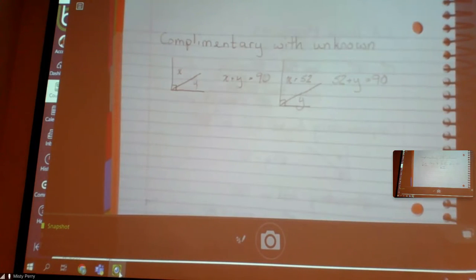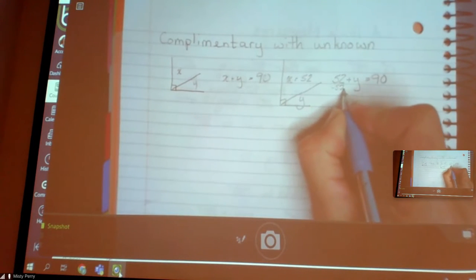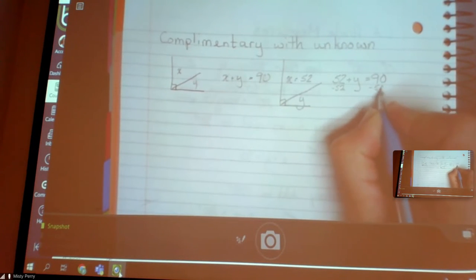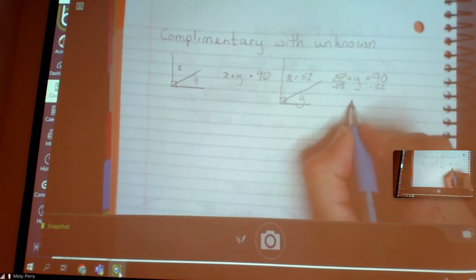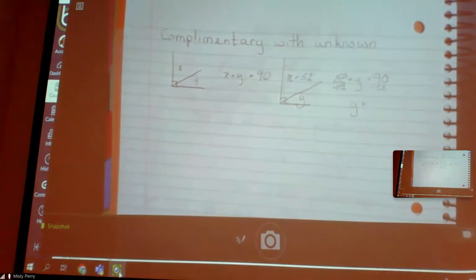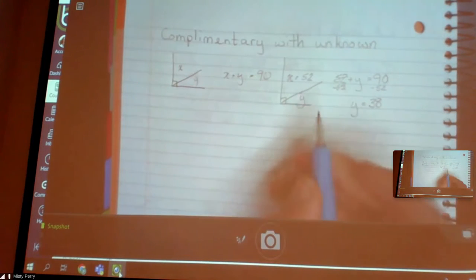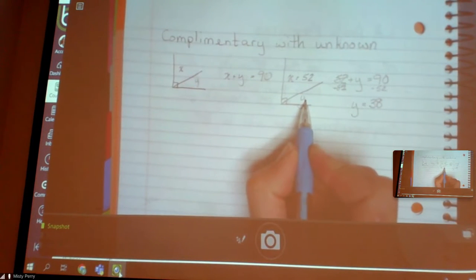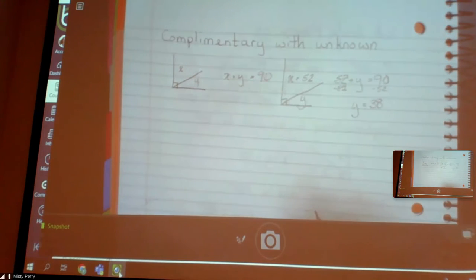So hopefully you have done your algebra already, and you know that we subtract 52 on both sides so that you have the y alone. And you know that this angle is 38. If you want to check, add 38 plus 52, make sure it's 90.